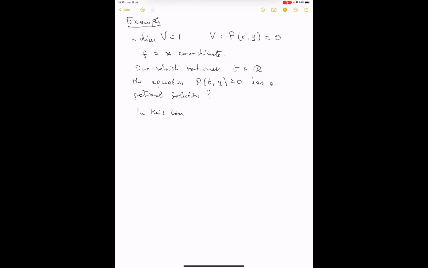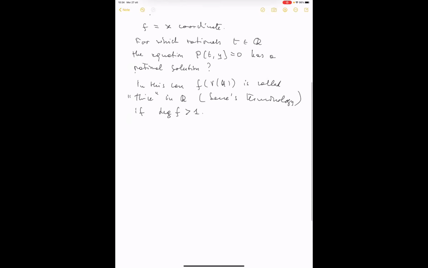When V is a curve, let me recall that in this case, f of V of Q is called a thin set, in Serre's terminology. And it's called thin if the degree of the map is greater than 1. These thin sets are relevant in Hilbert irreducibility theory.